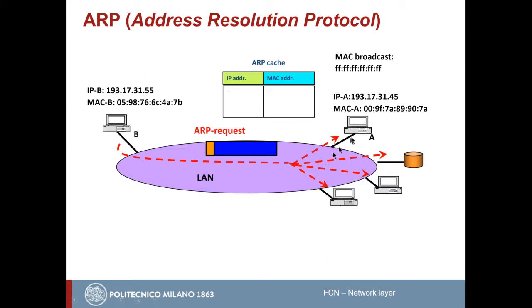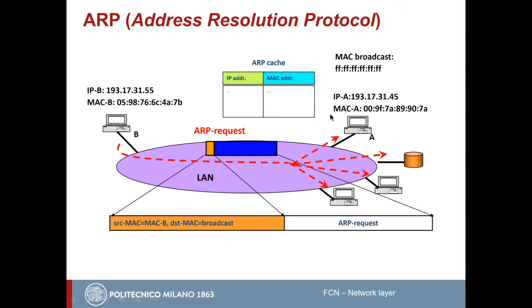So it will certainly arrive also at host A. Host A recognizes the IP address which is contained in the request. So the request contains this information.